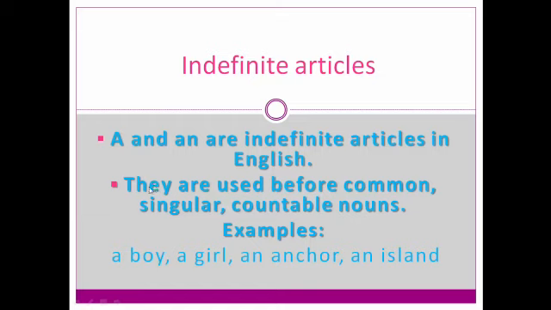For example, boy, girl, anchor, island. See, boy is a common noun, singular and countable. So here we are using a. Girl again the same. Anchor, island: this is a common noun, singular, and also countable. So we are using a and an.